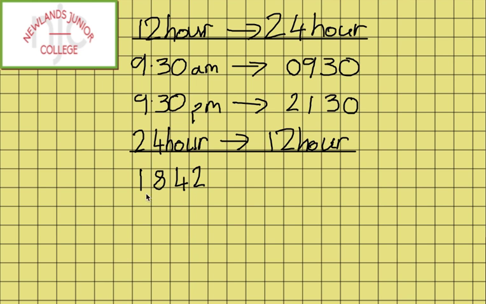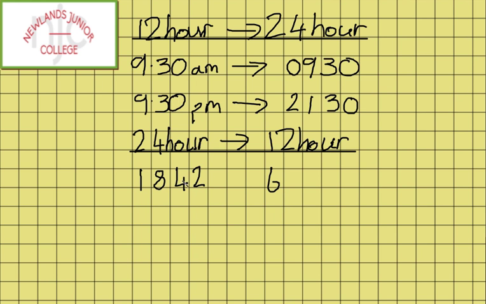The first 2 digits here, the 18, the 1 and the 8, because that's more than 12, in that case you automatically subtract 12 from it. If you're moving from 24-hour to 12-hour clock, take 12 away from that. 18 take away 12, well, that leaves you with 6.